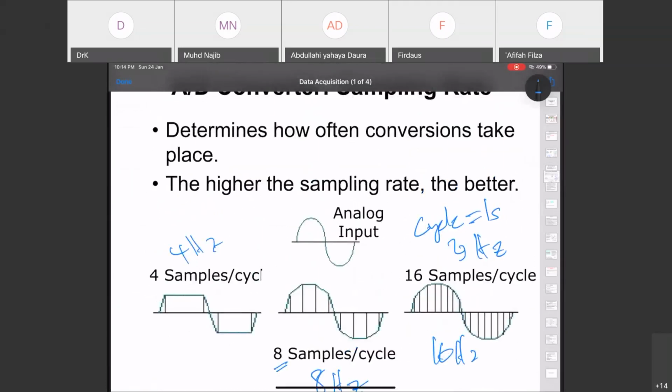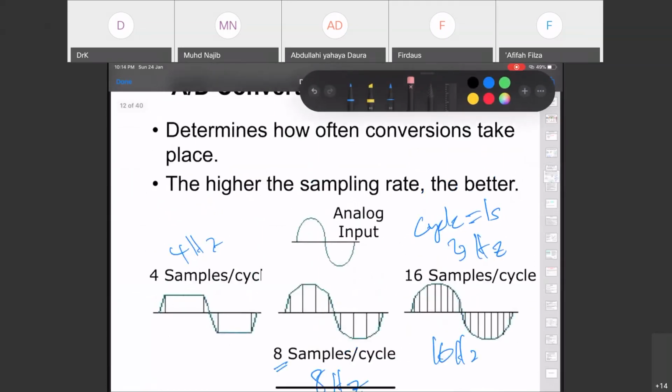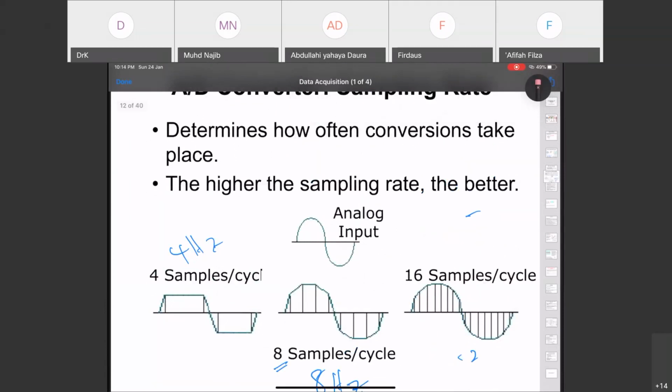You can pay attention to the graph here. You have the input graph. This is your analog input. Again, I mentioned just now, the higher the sampling rate, the more information you will get, the higher the precision.